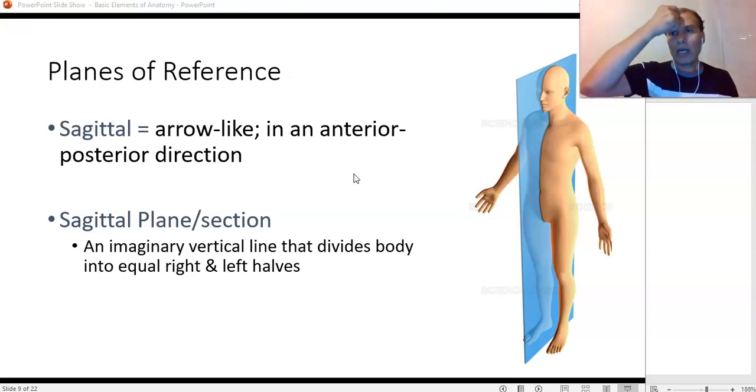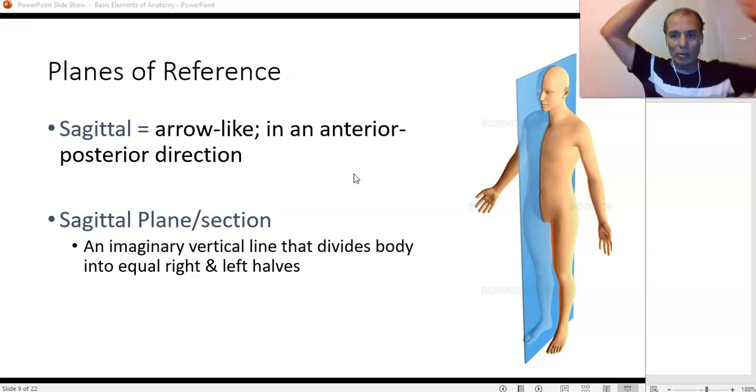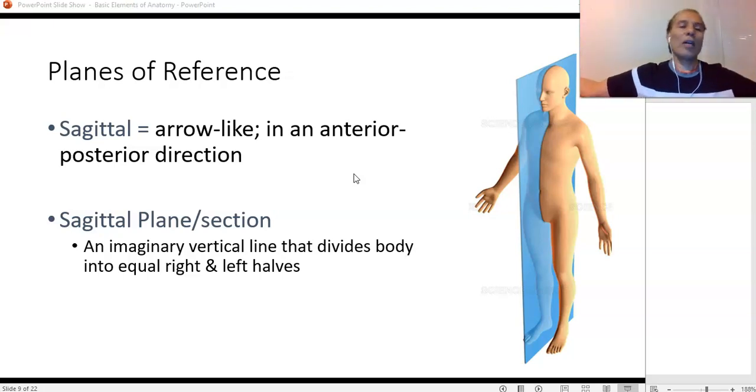So if you make a line here and go all the way down, you split the body into two even pieces, left and right. That is called a sagittal plane. If you make a cut along the sagittal plane, you divide the body into equal left and right halves. That becomes a sagittal cut or a sagittal section.